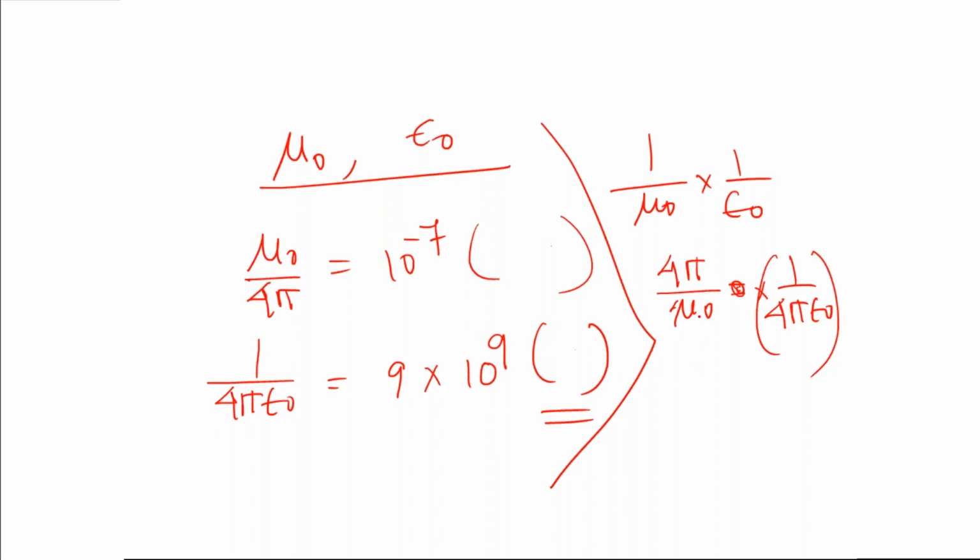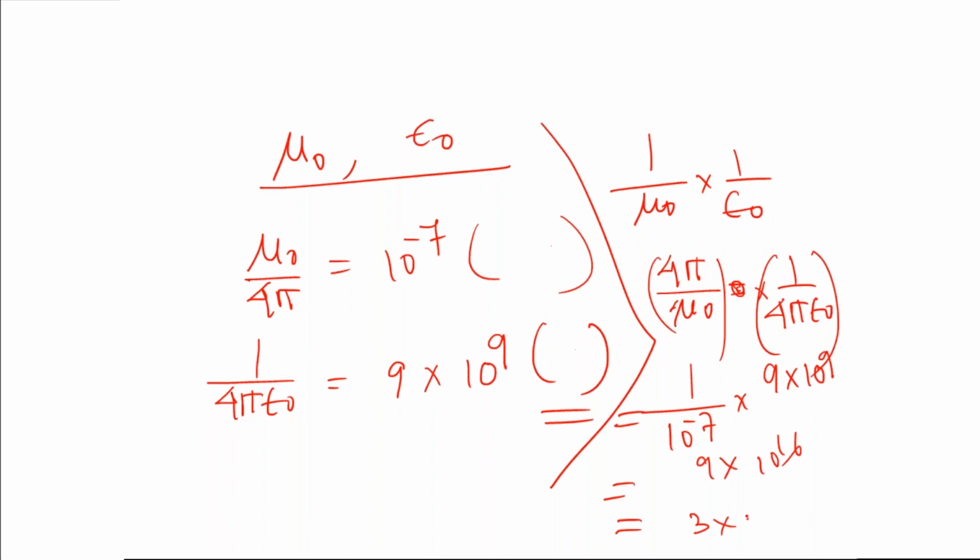Look, this value, what we know for this value, this will be 10 to the power minus 5 here, and this will give you 9 into 10 to the power 9. So if I take it up in the numerator, you will get as a whole 16, right?